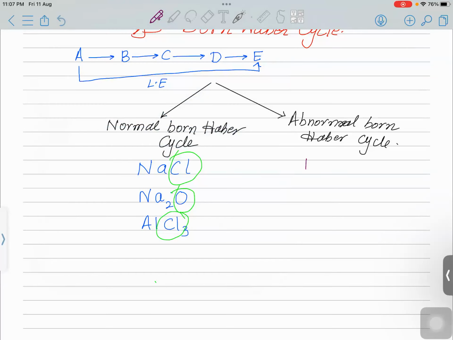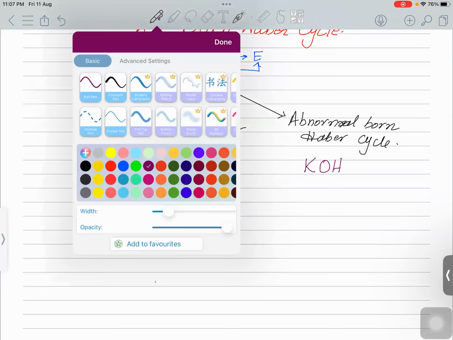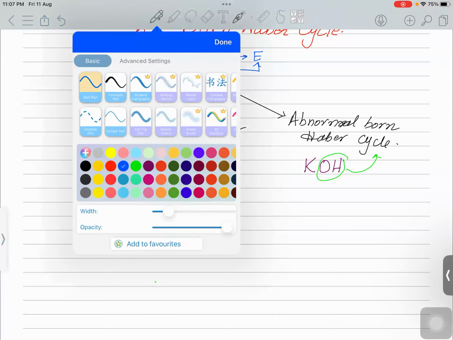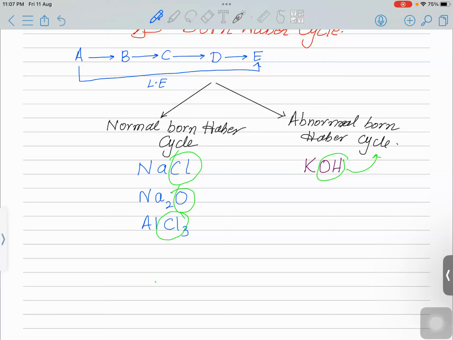Now tell me, KOH. How many elements in the anion? Two elements. This is the abnormal Born-Haber cycle. Whenever you have more than one element in the anion, such a cycle is called the abnormal Born-Haber cycle. Next is Ca3(PO4)2.